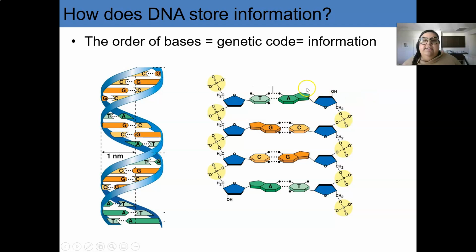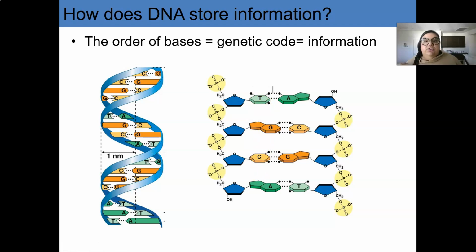So the order of these nitrogenous bases here in the middle is what creates a code. So it's going to create a letter code, and that encodes for proteins for our cells.